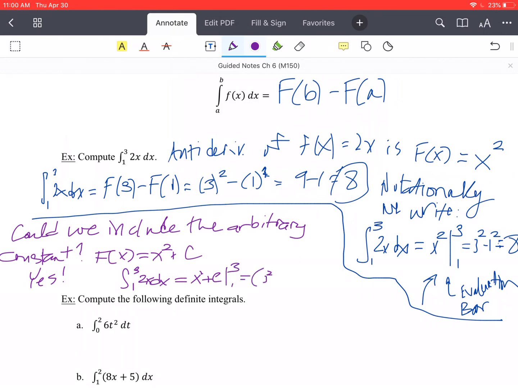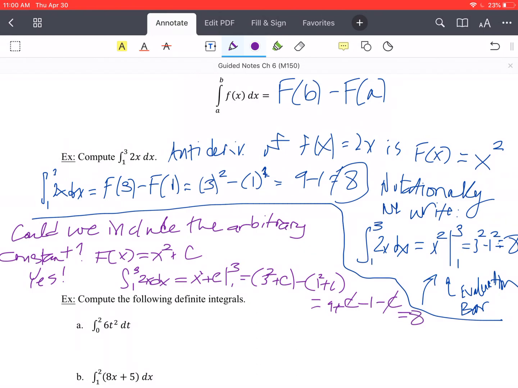That would be 3 squared plus c minus 1 squared plus c. So that would give us 9 plus c minus 1 minus c. And you see we get that cancellation there, and that gives us the 8.